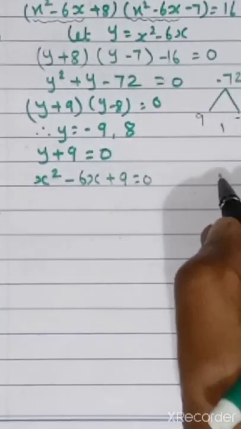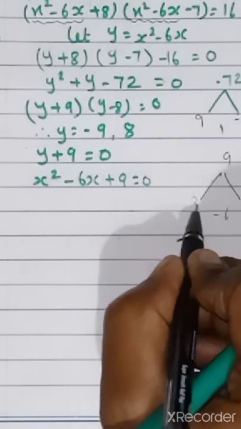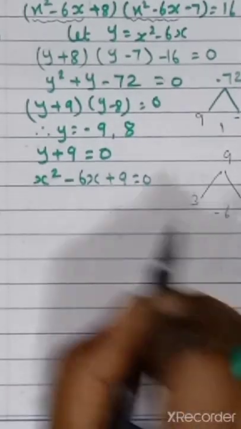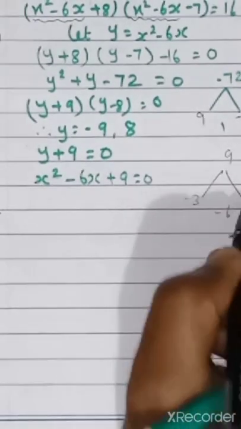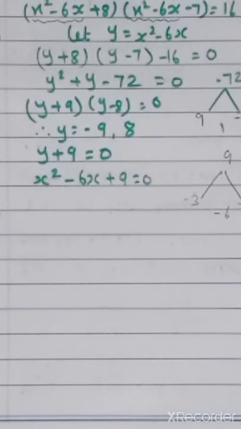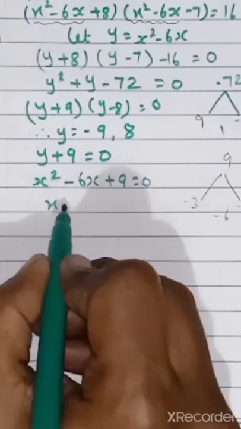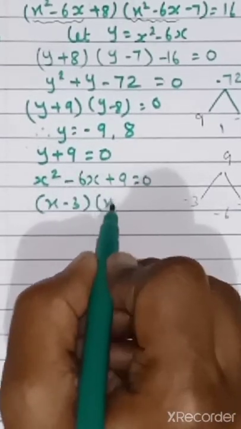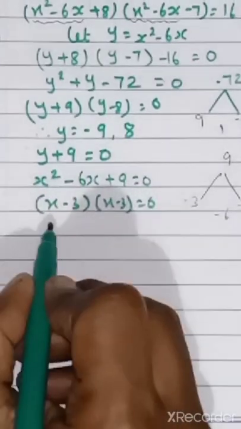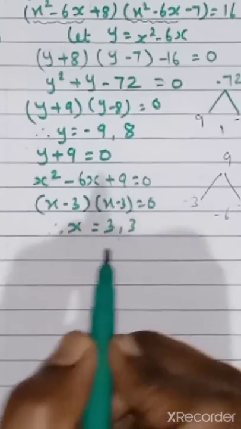Again if we find out, 9 and minus 6, so 3 3s are 9. Correct. So minus minus. Correct? So how can you write this one? x minus 3, x minus 3 equal to 0. Therefore what is your x value? 3 comma 3.